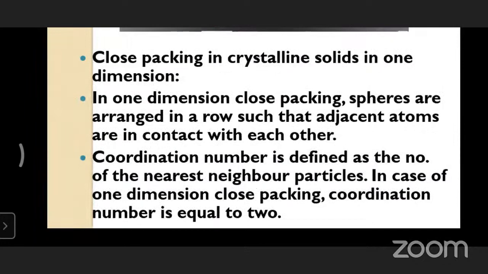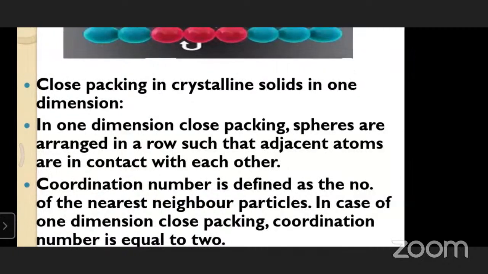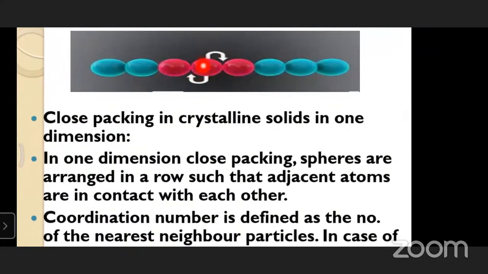Now the coordination number. What is the coordination number of each atom? If we see clearly, for example, if you take this red colored atom, it is attached with the atom beside it, and the same on the other side. Because of that, the coordination number of this middle atom is 2. Why?